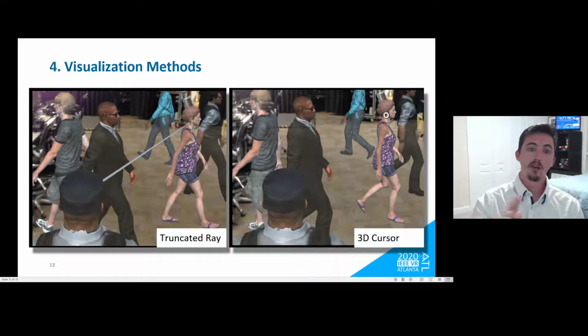So while it is hitting the target in this graphic here, the lady in the purple shirt, if this guy in the suit and the sunglasses were to take another step forward and intersect it, it would momentarily terminate on him. Similarly, we have the 3D cursor. With the 3D cursor, instead of having that directional information shown by the ray, we have a 3D object that floats at that termination point on the target or on the thing that is interrupting that gaze.